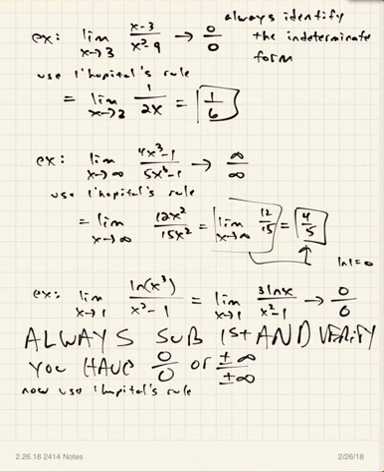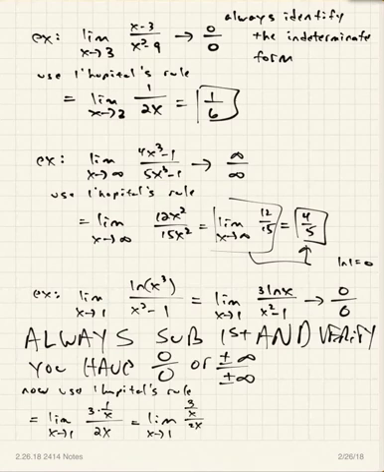And so when you use that rule, you get the limit as x goes to 1. In the numerator, you get 3 times 1 over x. And in the denominator, you get 2x. Now go ahead and simplify that first algebraically before you do anything else. So when you simplify that algebraically, you've got 3 over x over 2x.